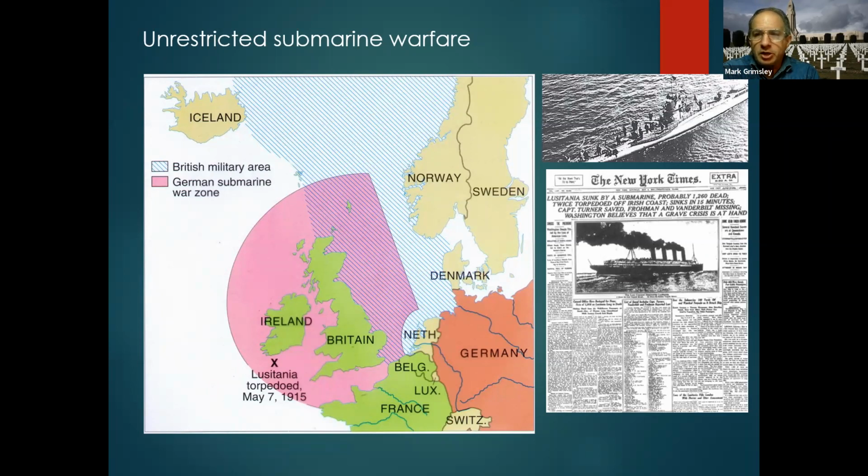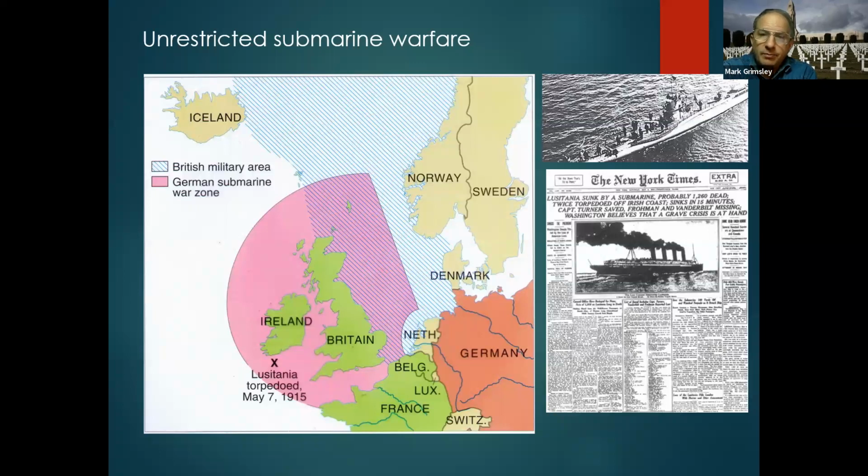You could attempt to seize those merchant vessels on the ocean, and then you would take the crew prisoner, and you would take a portion of your own crew, put it aboard the captured merchantman, and then sail it to a friendly port where you would sell off the goods. That was a common method that went back for centuries.